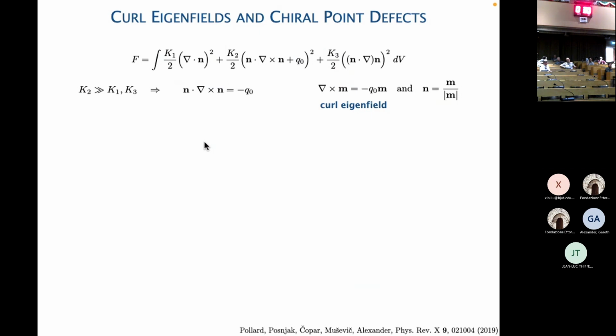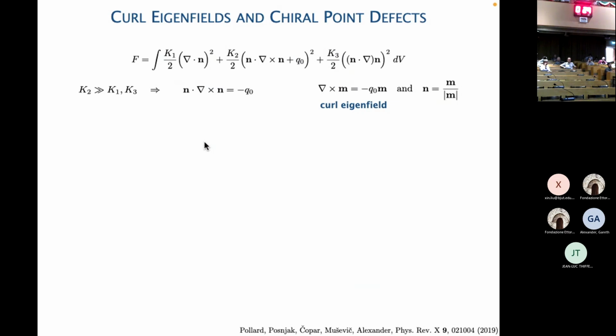And I have a trick for doing this. The trick is that I forget about the fact that I want to work with a unit vector field and give myself an arbitrary vector field, which has some magnitude associated to it. And I look for vector fields with variable magnitude that are curl eigenfields, so that curl M is equal to some number times itself.